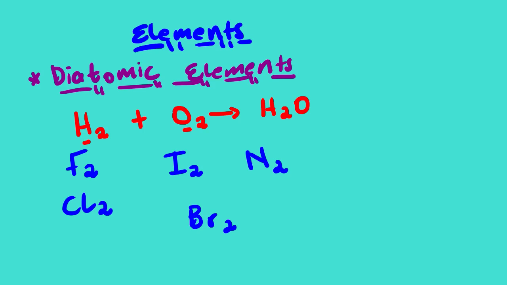Whenever a statement says an element reacts with one of these, or these elements react together, just know that you don't have to write them in terms of one atom. You need to write them in a diatomic manner. Now remember that di in chemistry means 2, so this di comes from the subscript that you see here.